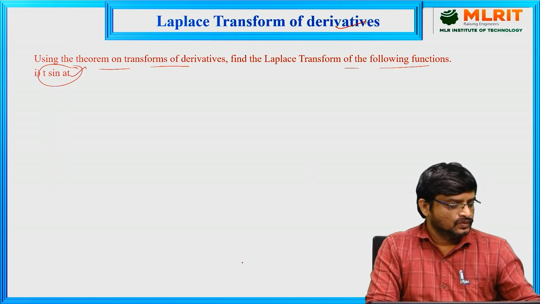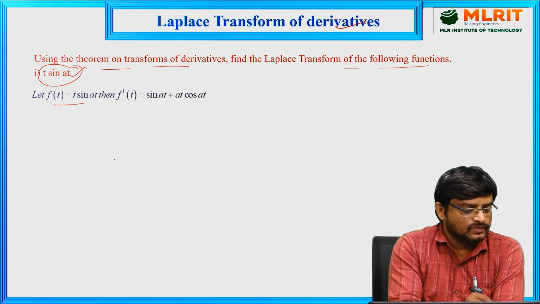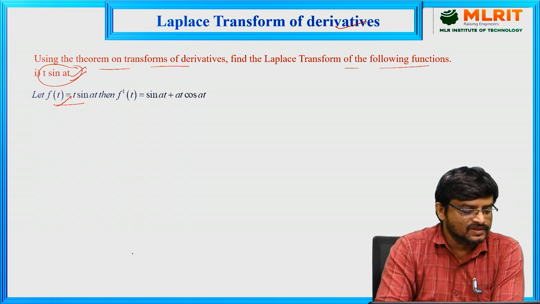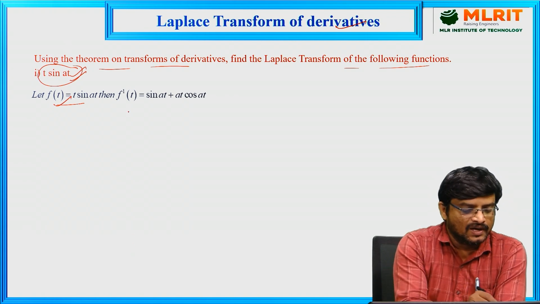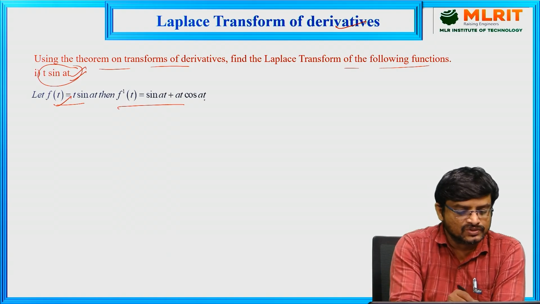First take the function: whatever function we take, represent it as f of t. So f of t is equal to t sin at, and find the derivative of this.